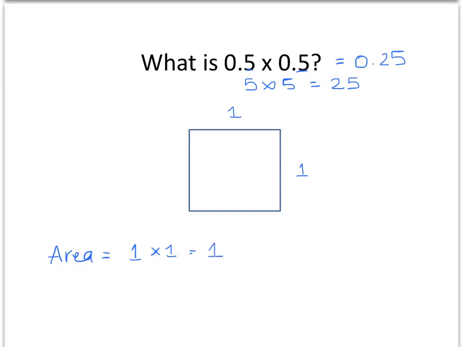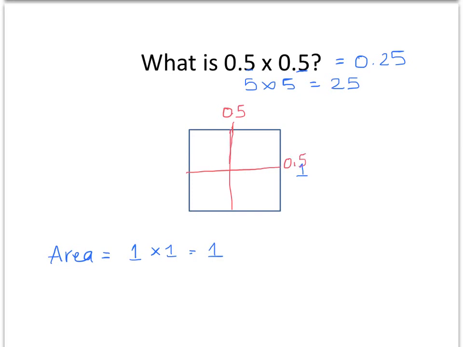Now let's say I cut this square in half this way and in half this way. So up to that red line there, I've got 0.5 and 0.5, or a half.